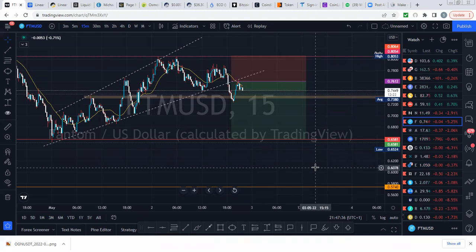Yes, sentiment, market sentiments. The use of fundamentals.